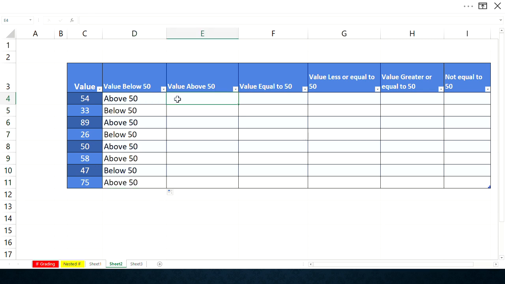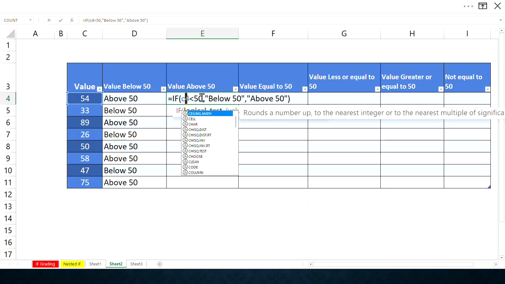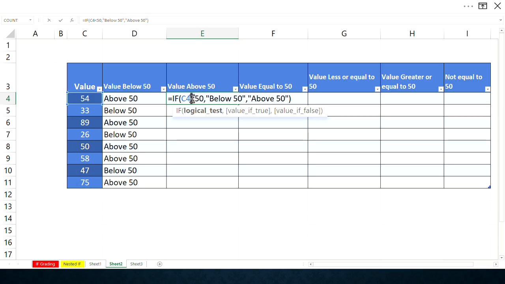Likewise, continue to populate the truth table by using the same logic. So for values above 50, the symbol will have to reflect that.